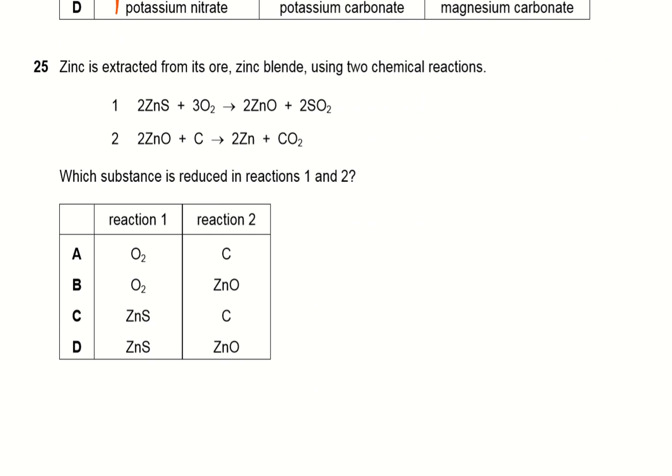Question 25. Zinc is extracted from its ore zinc blend using two chemical reactions. Which substance is reduced in reaction 1 and 2? This is roasting of zinc blend. Then of course you have reduction of zinc oxide.